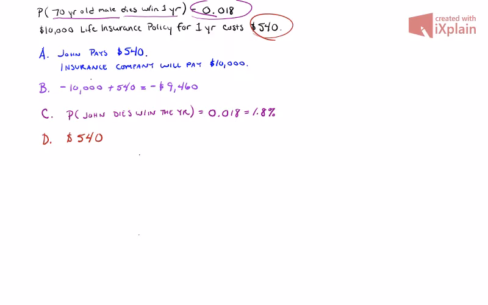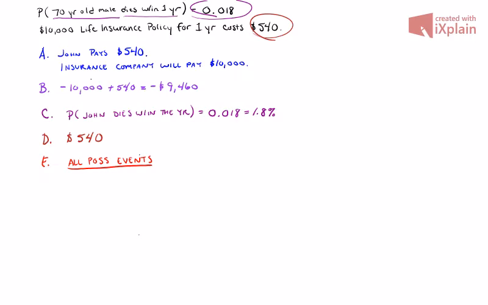So let's continue on. Letter E, what is the probability that John will live for the entire year? So again, what you want to think about is, let's think about all the possible events that could happen for John. We examined one of them already.